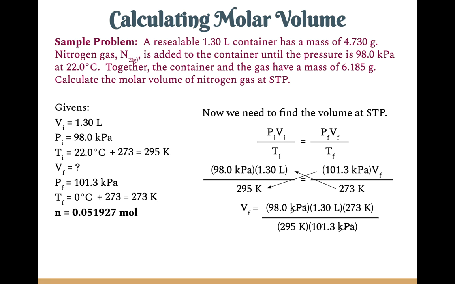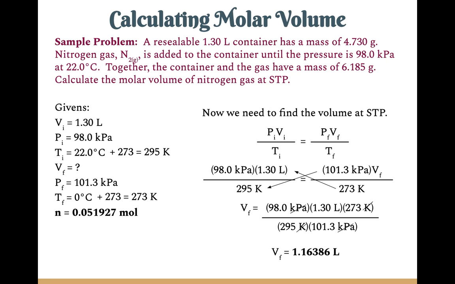If we look at the units, the kilopascals are on the top and the bottom, they're going to cancel. The Kelvin are in the top and the bottom, they're going to cancel, leaving us with liters, which is a unit for volume. So when you put all those numbers into your calculator, you get that the final volume is 1.16386 liters. Again, carrying some extra decimal places.